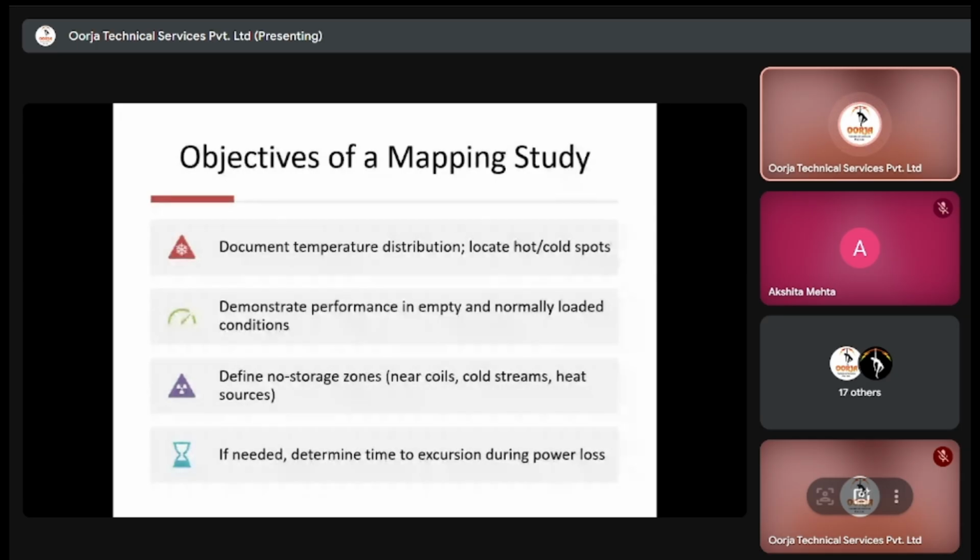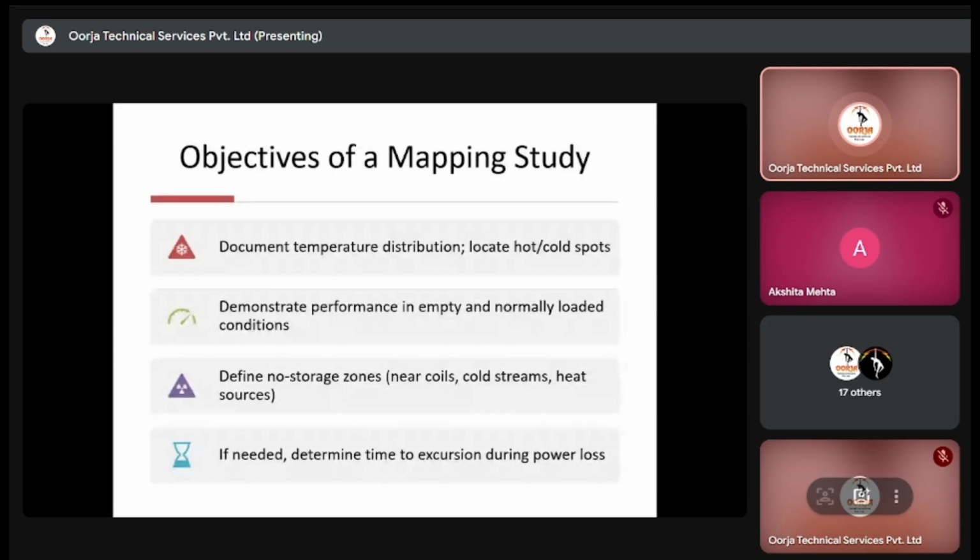So due to this temperature variation, it becomes important to have a mapping study in place, right? Now this variation we study under thermal mapping, and we call it temperature distribution.